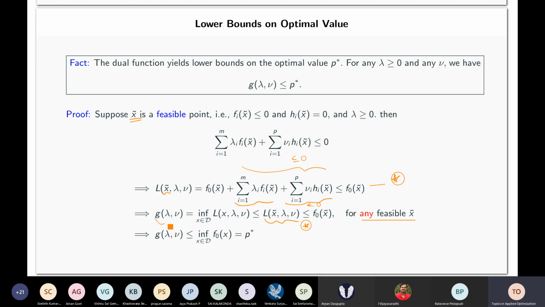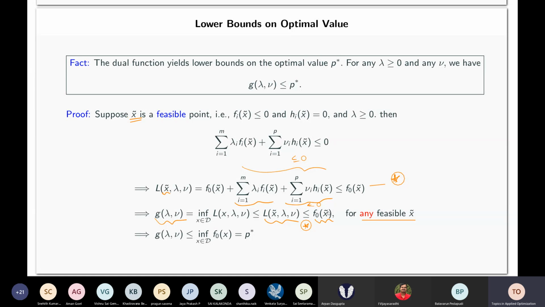So what we have found is this: g of lambda, nu is less than or equal to f naught of x tilde. In other words, this is less than or equal to any objective value that you get.